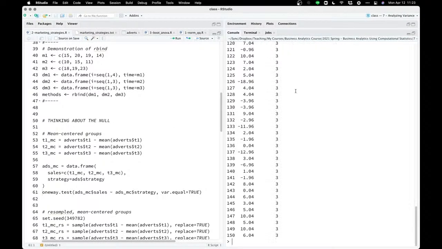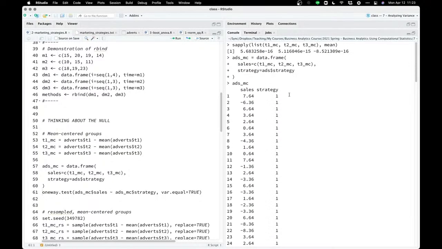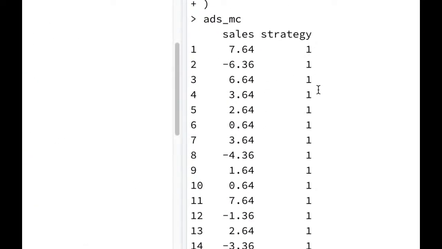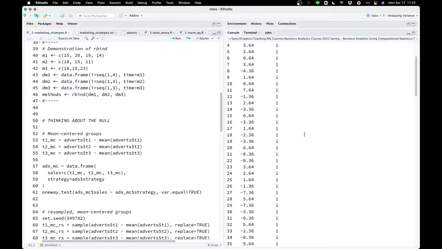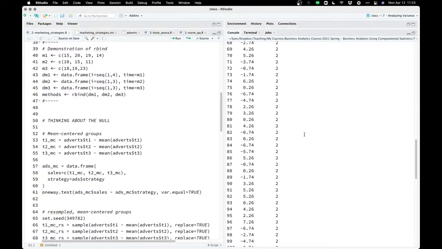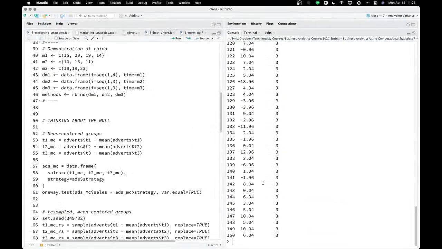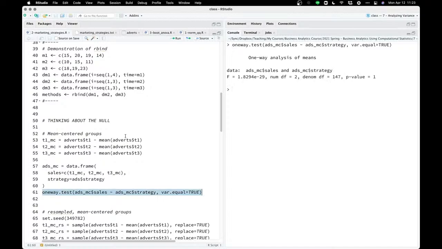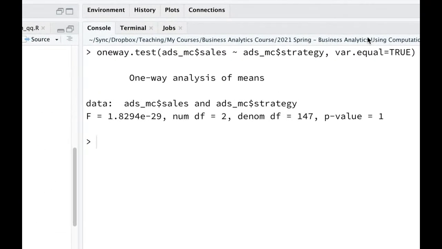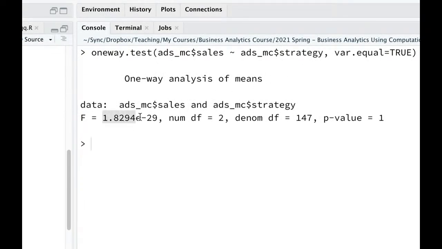This is the new data in the long form, sales and strategy. I have some negative values now, but that's just because I've mean centered it. I still have 3 treatments, 3 different strategies. Let me run a one-way test on this and look at my F value.